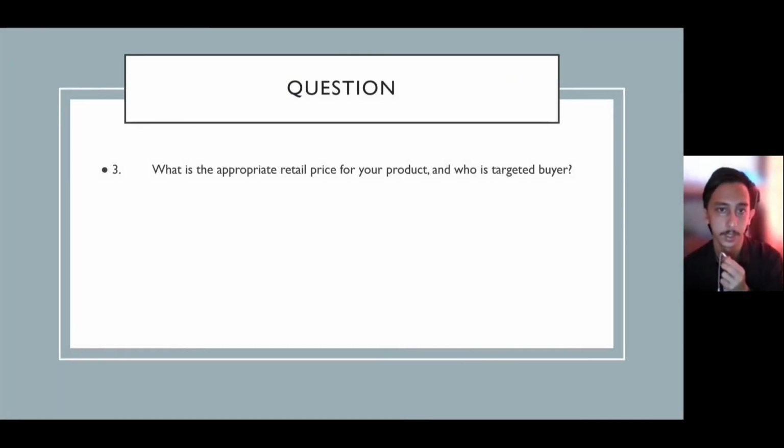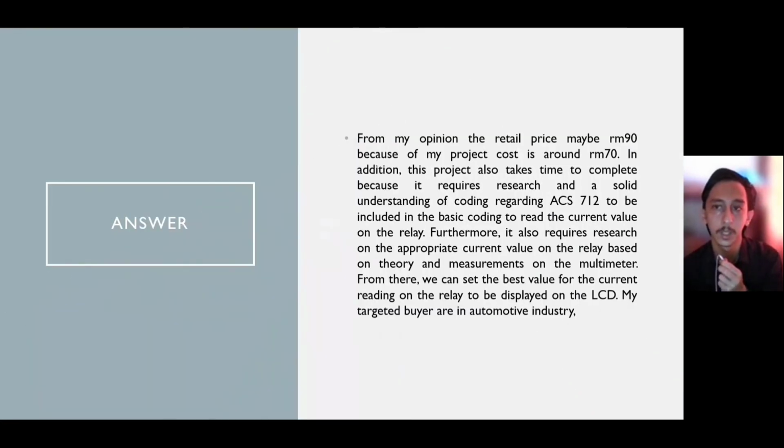And the last question is, what is the appropriate retail price for your product and who is your targeted buyer? From my opinion, the retail price may be around 90 ringgit because my project cost is around 70 ringgit.